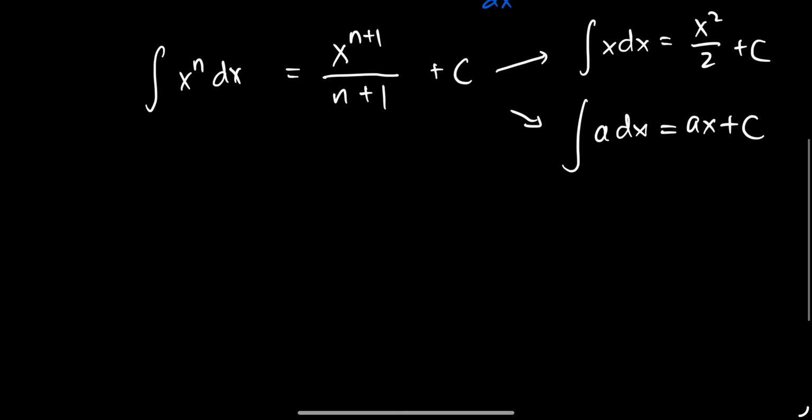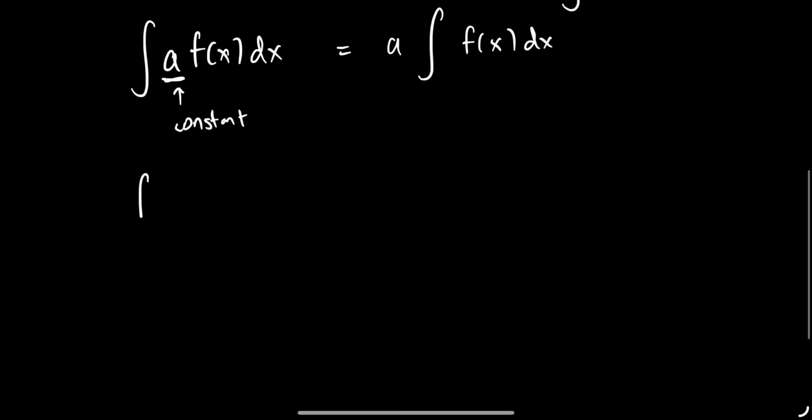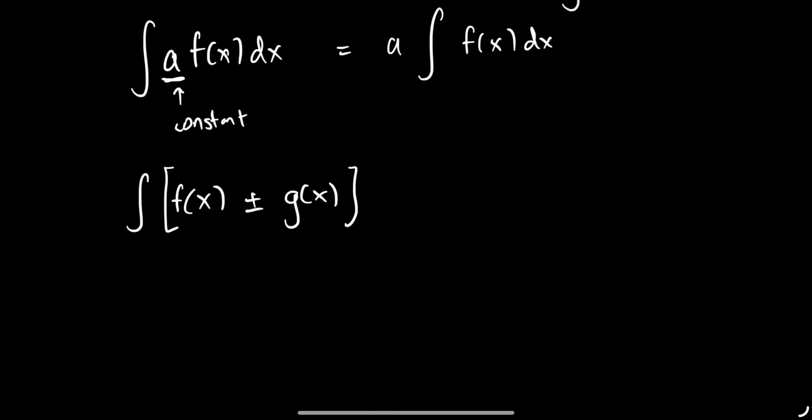And also some other stuff like, let's say we take the integral of a f(x) dx. Since a is a constant, we can just bring it out of the integral. And also some additive properties. If f(x) and g(x) are added together in the integrand, we can separate them out.